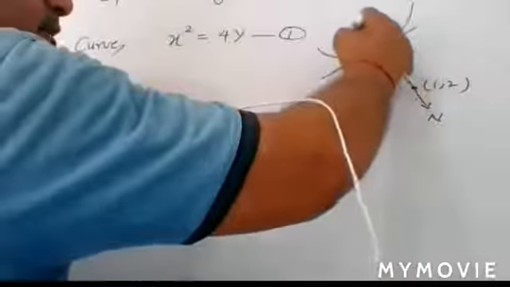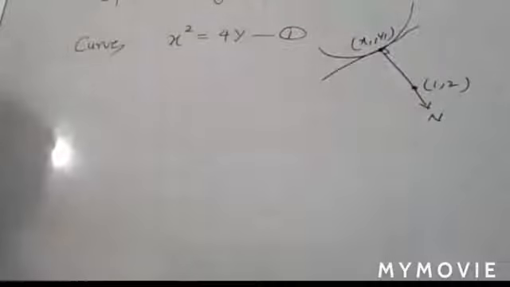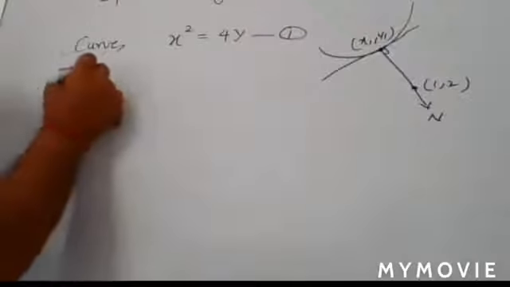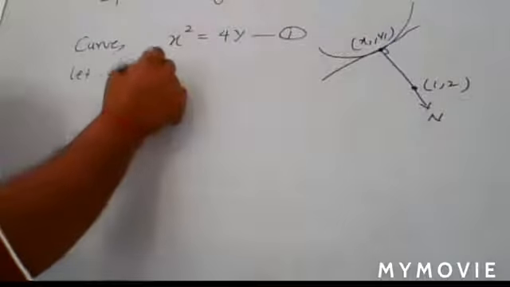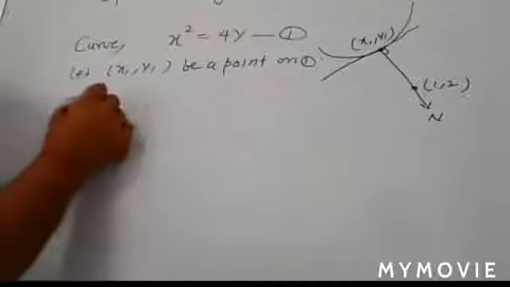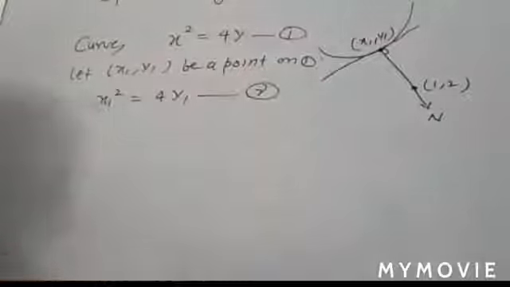So first of all, assume the point of contact as (x1, y1). Let (x1, y1) be a point on curve 1. So you have x1 square is equal to 4y1. That is your second equation.